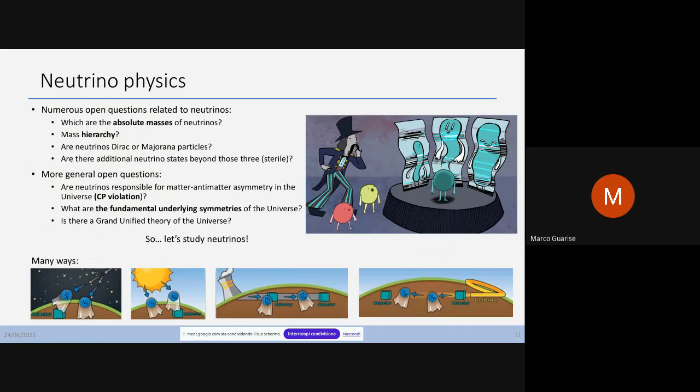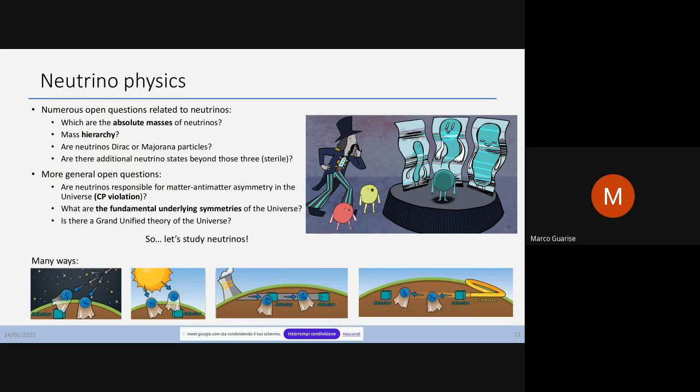Neutrinos are extremely important to be studied because there are a lot of open questions related to neutrinos, such as we don't know the absolute masses of this particle. Also, the mass hierarchy, or better, if it is ν1, ν2, ν3, or ν3 and then ν1 and ν2. So the ordering problem.